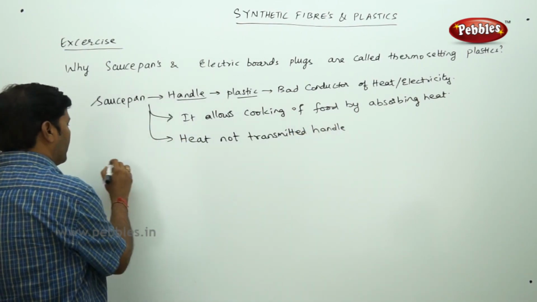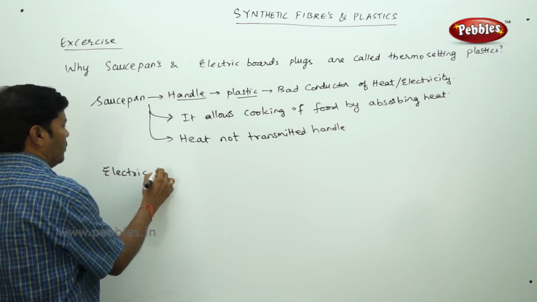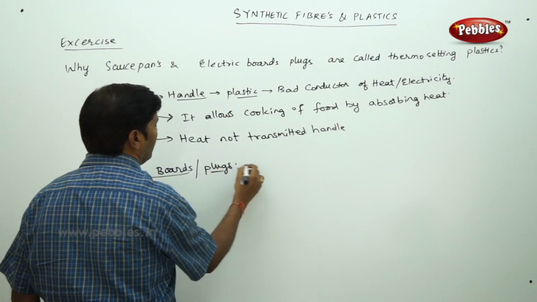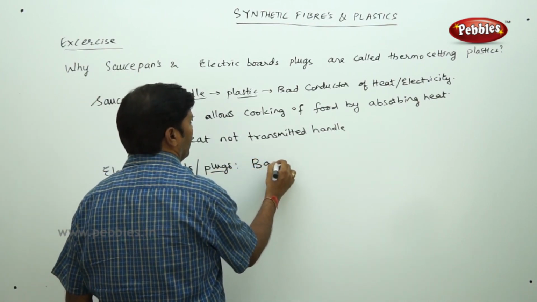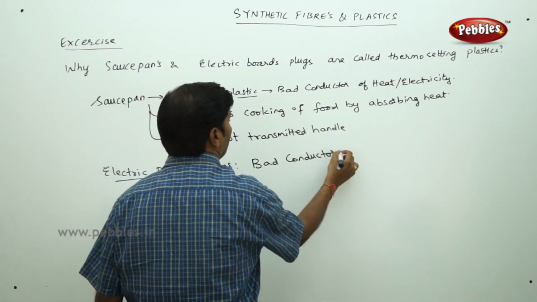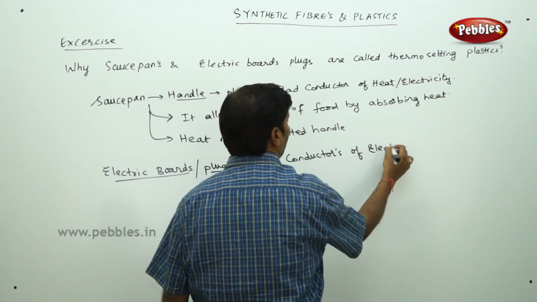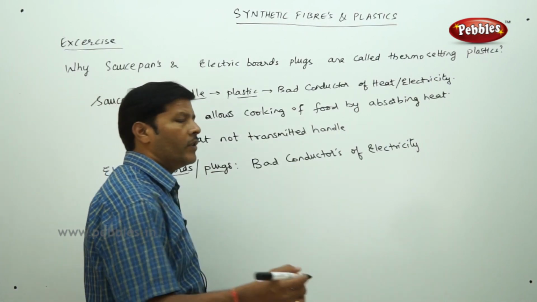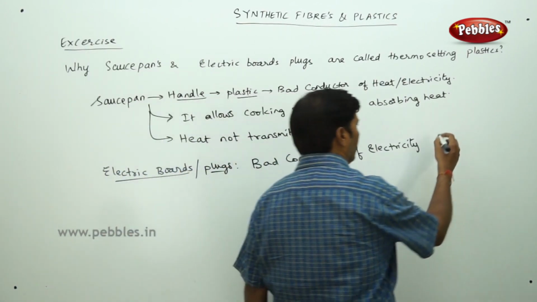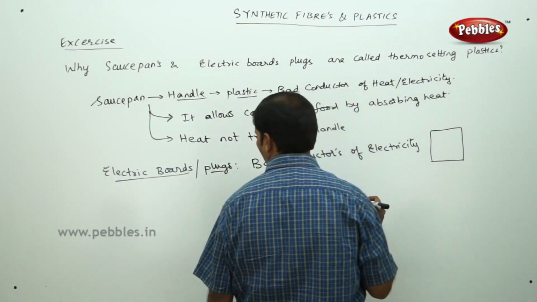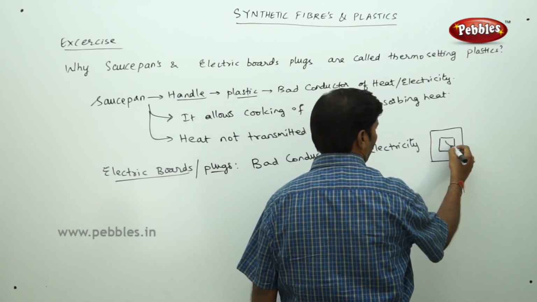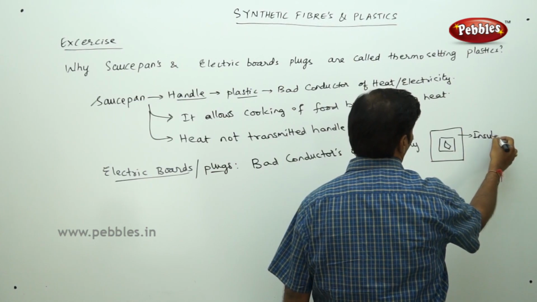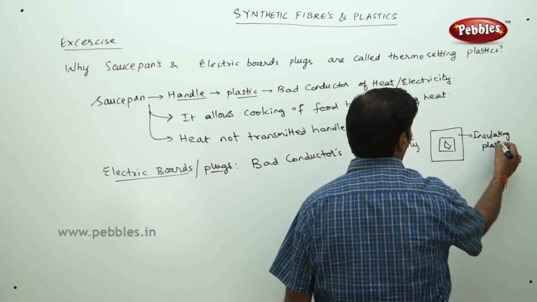Similarly, if you go for electric boards or plugs, these are bad conductors of electricity, so it is safe for us to use, because when we switch the plug on and off, if this is the switch, you can just turn it on, because this is all insulating plastic.